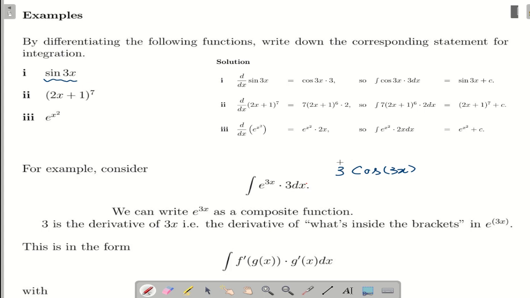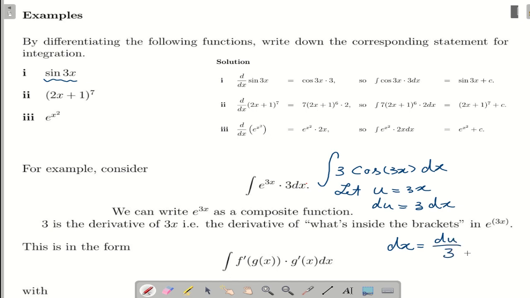So now if you want to integrate 3 cosine 3x dx, what you have to do is let u equal to 3x, and then du is equal to 3 dx, and then dx is equal to du over 3. So this integration can be rewritten as the integration of cosine 3x, which is cosine u, because u is equal to 3x.